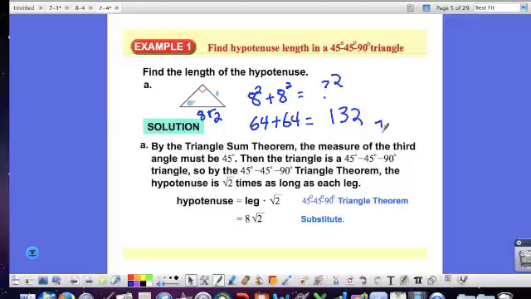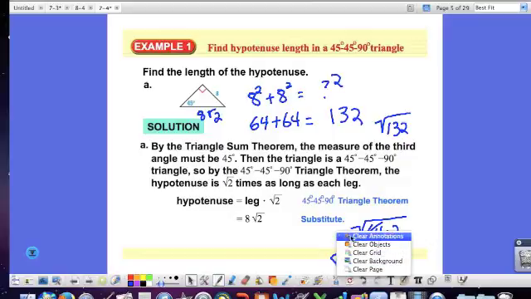The square root of 128 would be the square root of 64 times 2. The square root of 64 is 8, so we would get 8 radical 2, which is what we got by using the rule for a 45-45-90-degree triangle without actually doing all that work. If you forget the rule, you can always use the Pythagorean theorem to solve it.